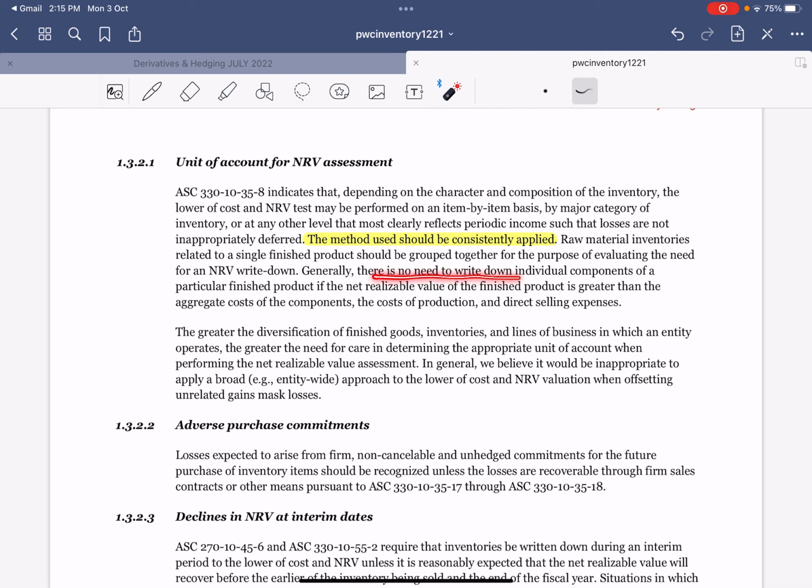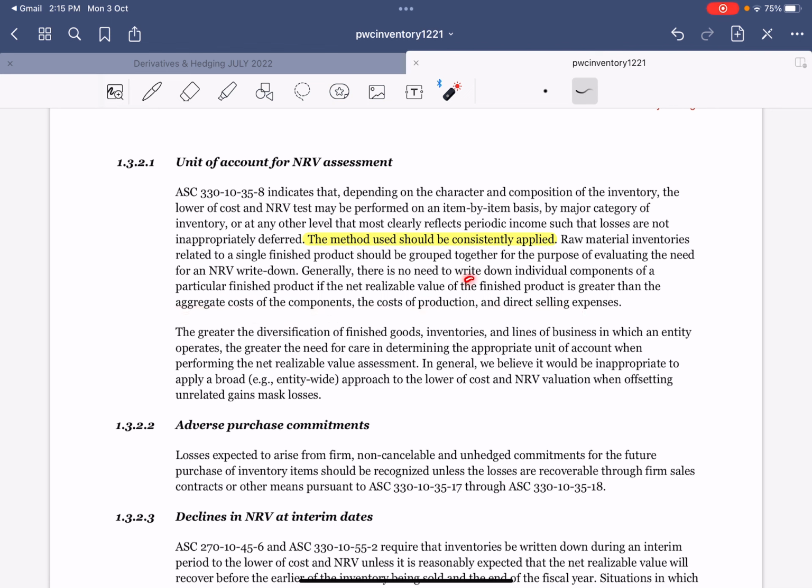Generally, there is no need to write down individual components of a particular finished product if the net realizable value of the finished product is greater than the aggregate cost of the components, cost of production and direct selling expenses.